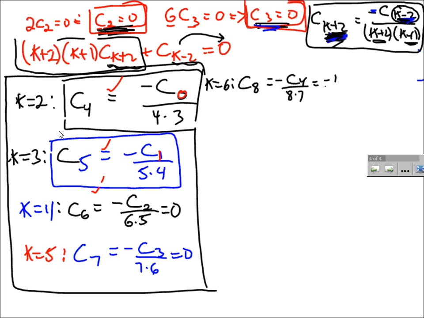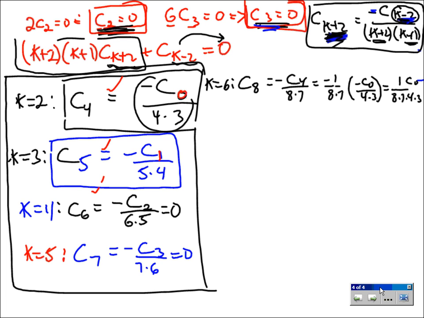This is negative 1 over 8 times 7 times C sub 4. But I know what C sub 4 is. It's negative C sub 0 over 4 times 3, which becomes positive 1 over 8 times 7 times 4 times 3, C0. That's what C8 is.